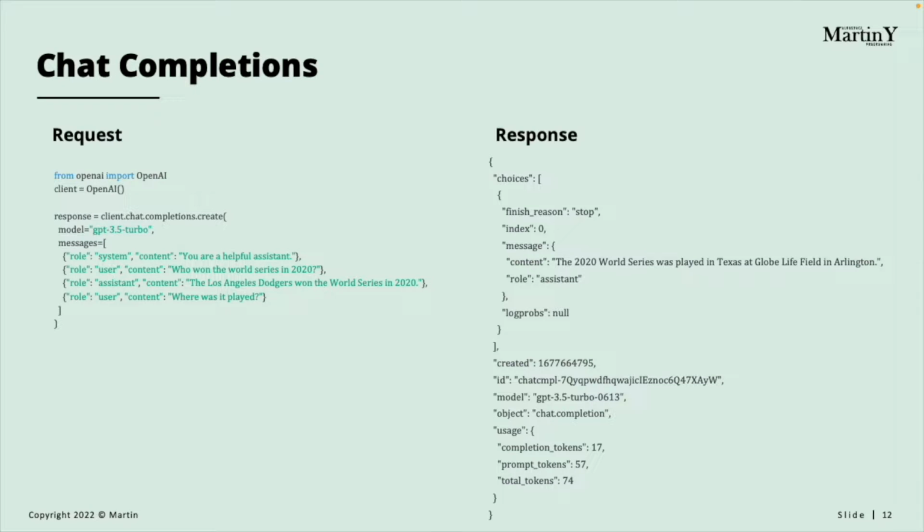Sometimes you might want to get more than one response in order for your application to be more efficient. So this is also something that you might want to consider when using the API. But based on the request and the response, this is pretty much the core of every ChatGPT application, right?